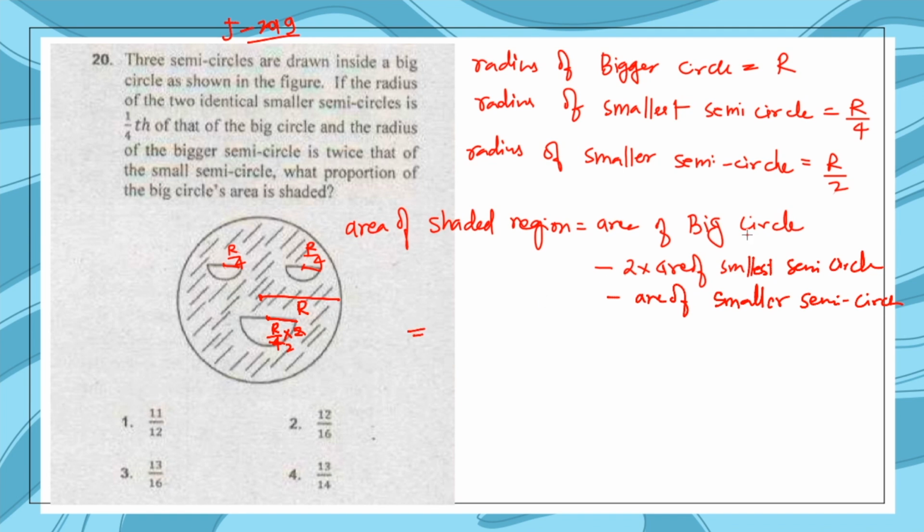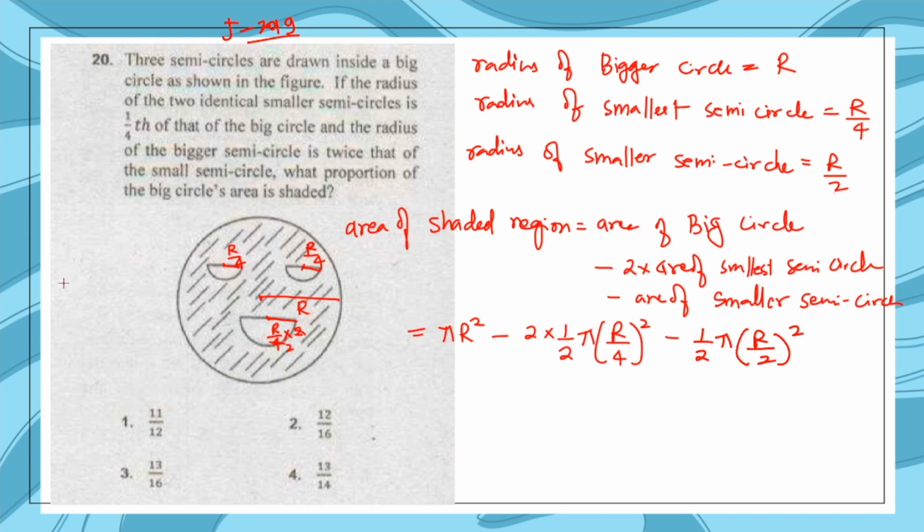Alright, so the area of the bigger circle is pi r square, with capital R, minus 2 times the area of the smallest semicircle. The area of a semicircle is 1 upon 2 pi r square, right? So r of this is capital R upon 4, and minus the smaller semicircle, again it is a semicircle, so no 2, so it is 1 by 2 pi times R by 2 whole square.